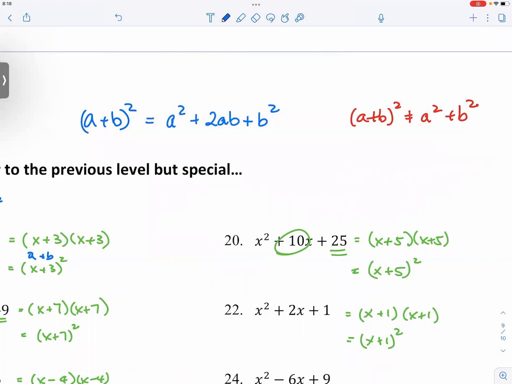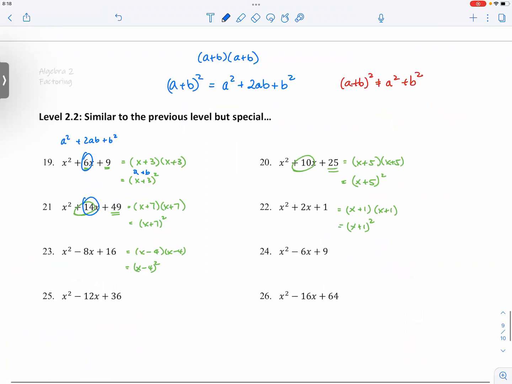It means (a plus b) times (a plus b), which means that you have to do FOIL in order to get the final outcome. And we do not distribute the square just like this into the parentheses. That's some sort of factoring that you should have known back in Algebra 1, but we take time to review it, which is easy, not hard.